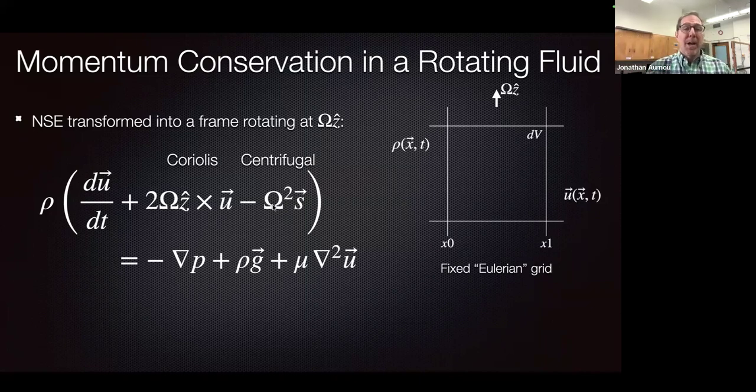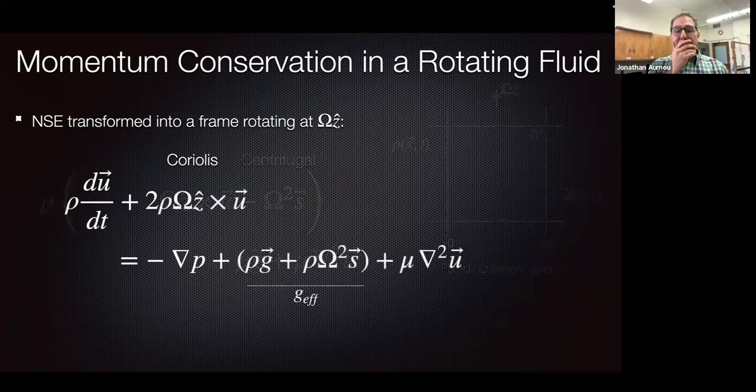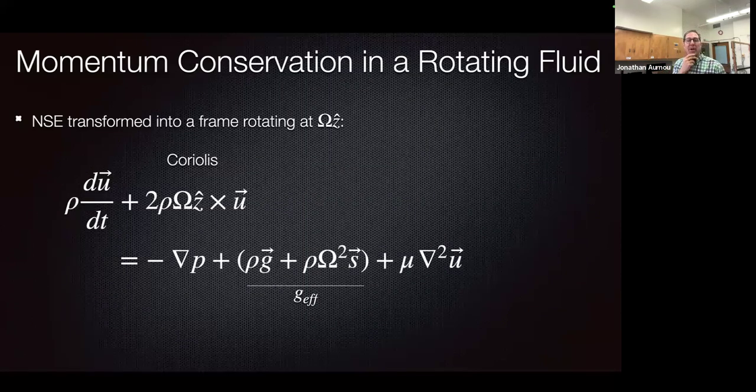That's what we get. So I'm going to simplify this. One, I'm going to move centrifugation onto the right side of the equation, and I'm going to tuck it in with gravity. And I'm going to make an effective gravity that includes both the pushing out from centrifugation and the downward pull of gravity. Fabulous. So now I just have a new gravity, and I can, in a way, stop thinking about centrifugation at first order.